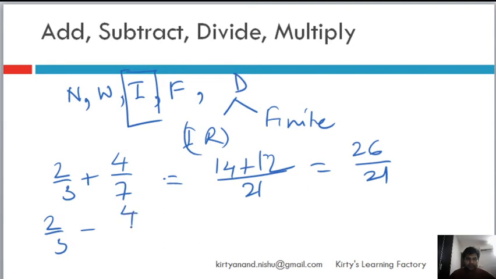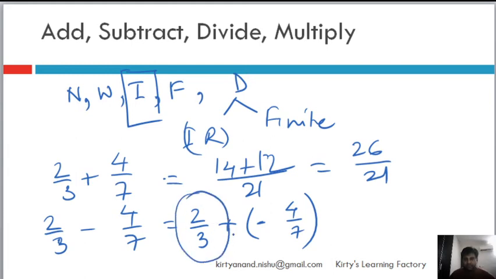Let's say one of them is positive and one of them is negative, so I write it like that. The same I can also write as 2 by 3 plus minus of 4 by 7, right? So this is basically addition of one positive rational number with a negative rational number, and when I open the bracket, it basically becomes 2 by 3 minus 4 by 7.